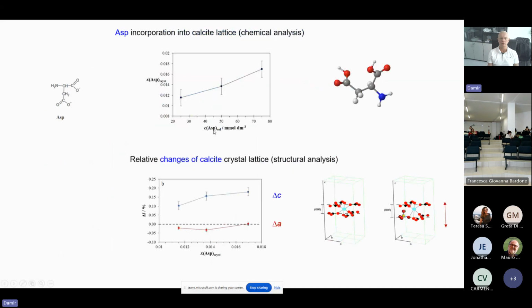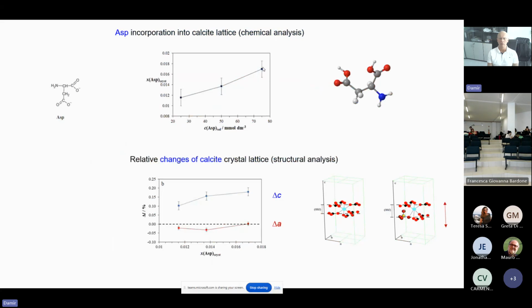We measured the incorporation of aspartic acid in the crystal, and we found that increasing concentration of aspartic acid caused increasing incorporation of aspartic acid in the lattice.